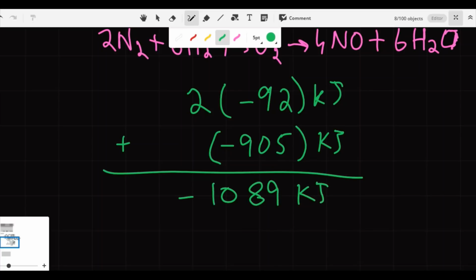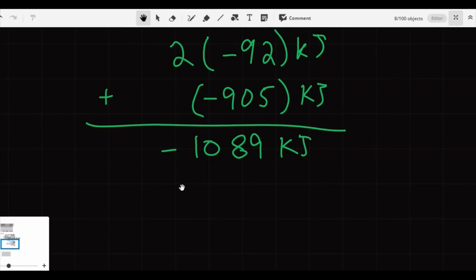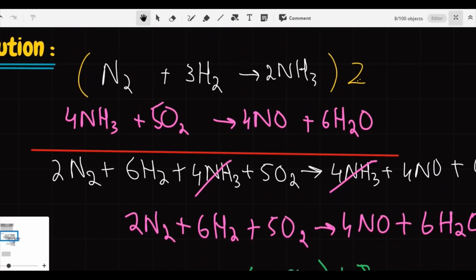kilojoules. Okay, so notice that the coefficient of nitric oxide in the equation of the net reaction is 4, as you can see here.